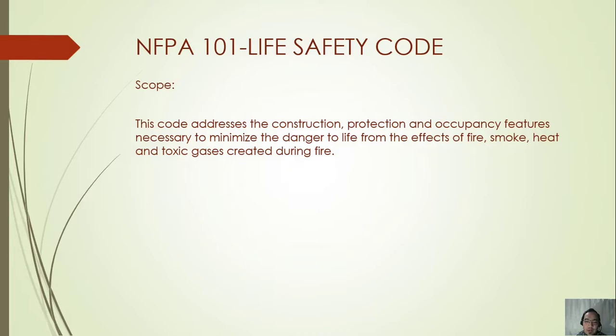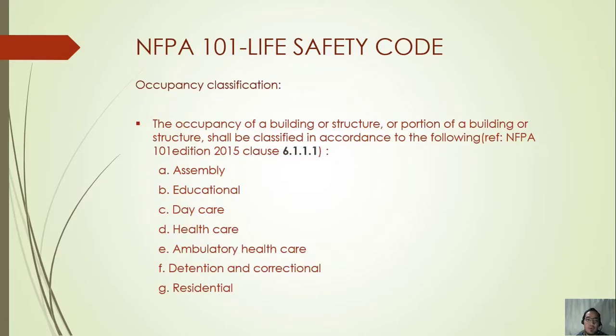This code addresses the construction, protection, and occupancy features necessary to minimize the danger to life from the effects of fire, smoke, heat, and toxic gases created during a fire. In NFPA 101, guys, I want you to be very familiar with the occupancy classification. As a designer, this is the very basic chapter in NFPA 101 that you have to know before you can design. You have to be familiar with the occupancy classification first.